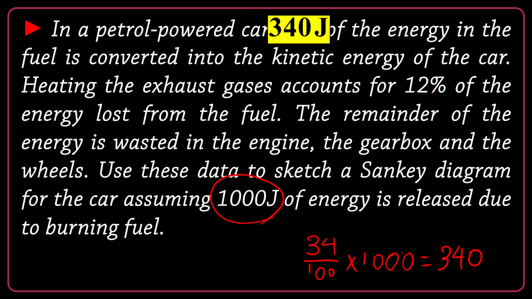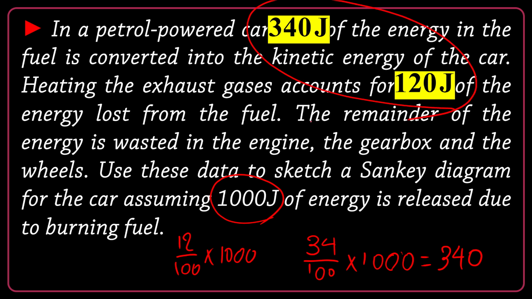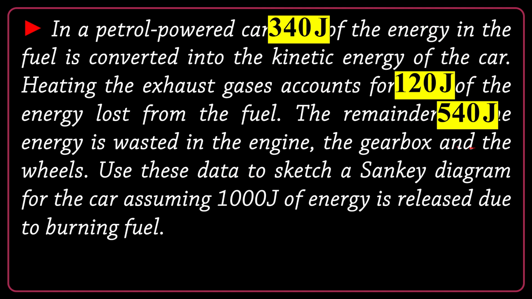Here we have a degraded energy of 12%. 12% times 1000 is going to be 120 joules. And if you subtract these two from 1000, you will get 540 joules. The remaining part, actually, this is also the degraded energy. So we have two main values for degraded energy, and 340 as the useful.